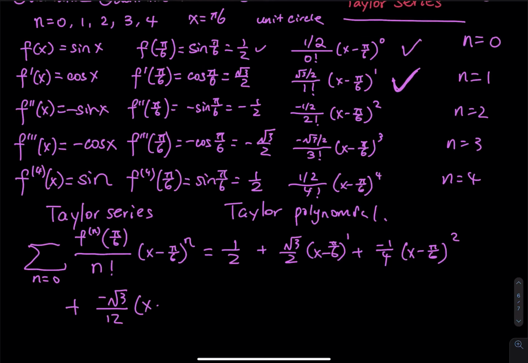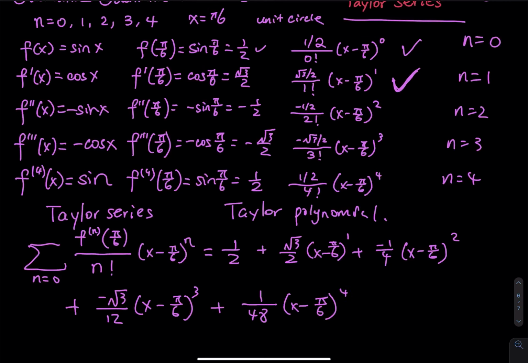And then you have x minus pi over 6 to the third. And then you add the last term, 1 divided by 2 times 24, that is equal to 48. And then times x minus pi over 6 raised to the 4th power.